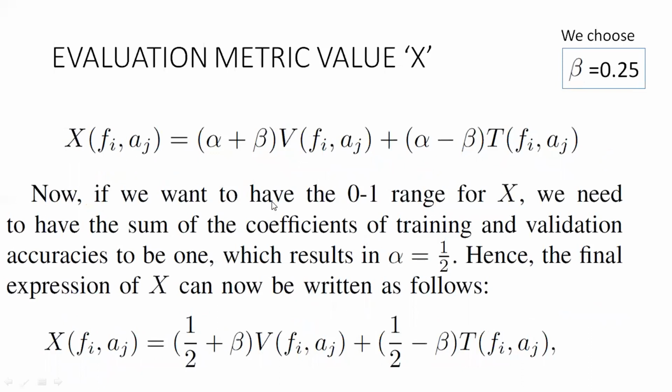And as we are trying to maximize x, if we want to have the same range as v and t, alpha, this coefficient and this coefficient should sum to 1. To have their sum as 1, alpha needs to be half.